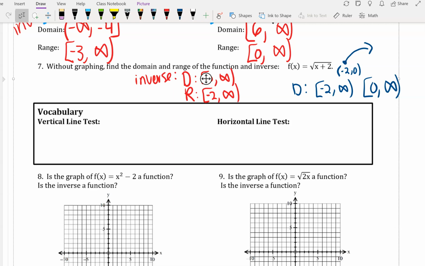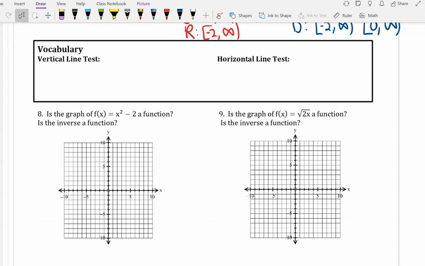All right, almost done, just a couple more problems, and we're going to talk about functions.